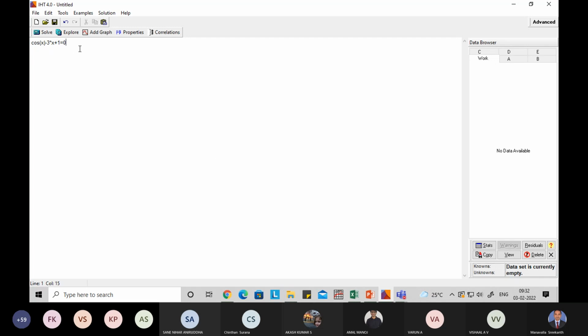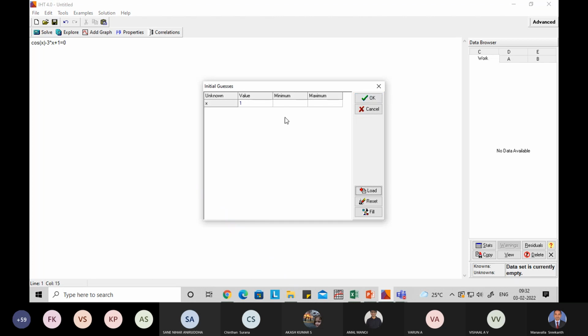So what I do is type the equation in this manner and say solve. When you solve it, you see the initial guess for the value of x. The software understands that x is the unknown, so it will suggest a default value of the initial guess.